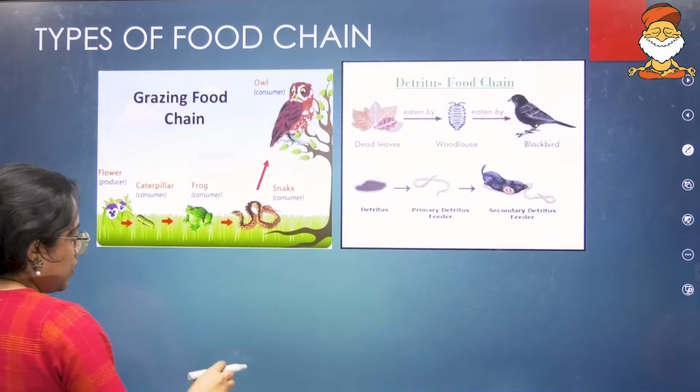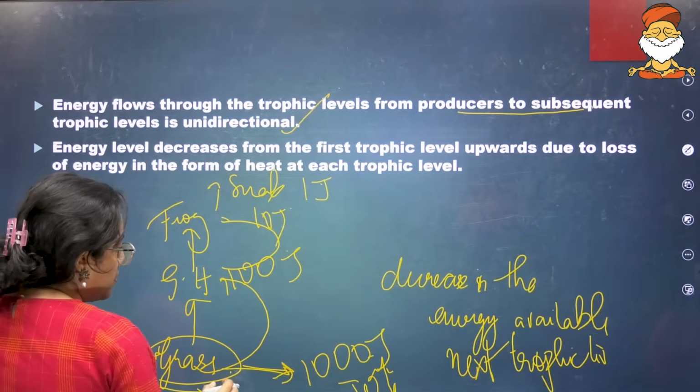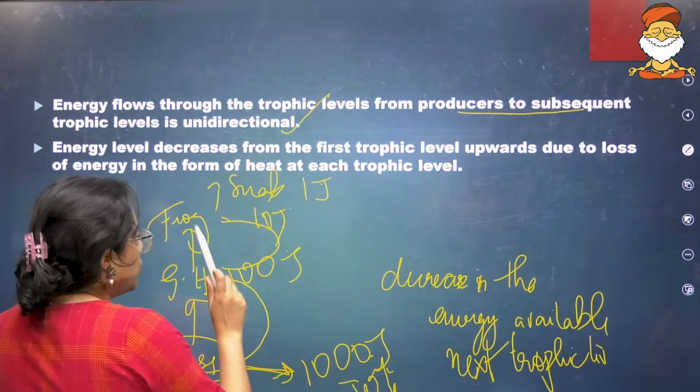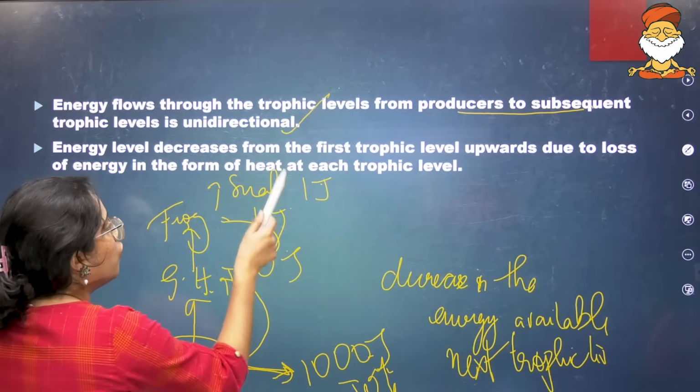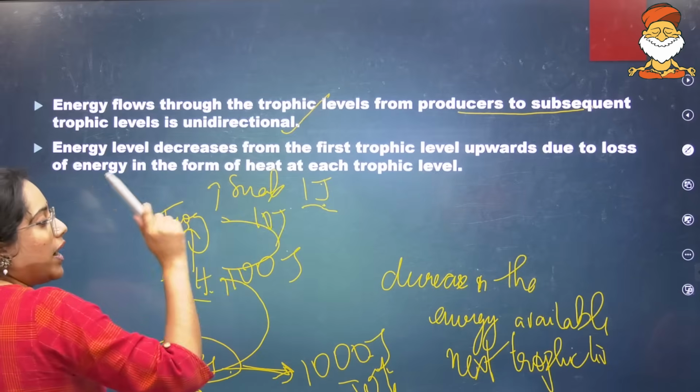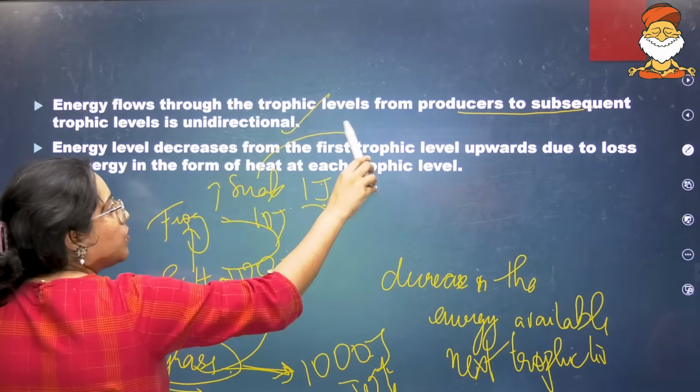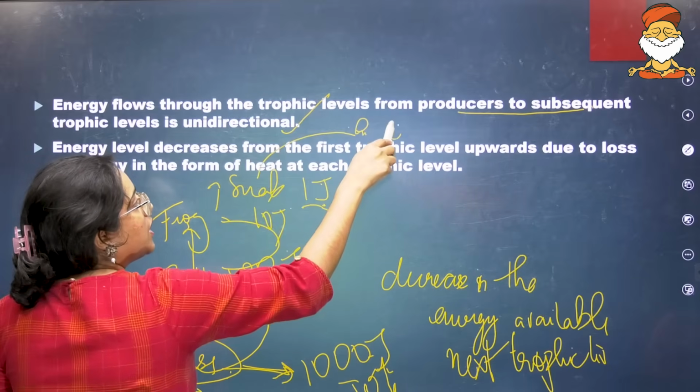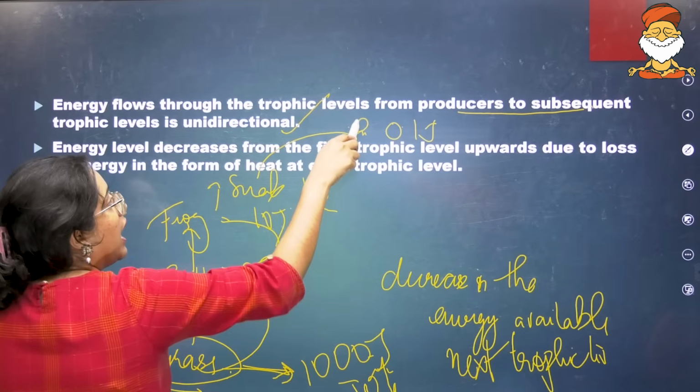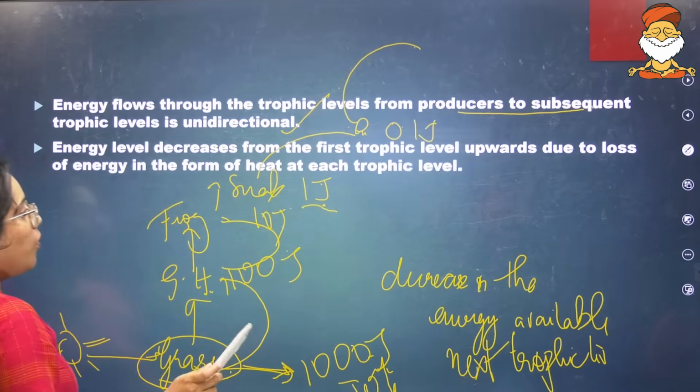Now let's have a look at this. Let's picture it. You have 1, 2, 3, 4. Here itself it's 1 joule. If there's some other creature over there, maybe an eagle, it will get 0.1 joule. And if there's something further, what is it going to get?